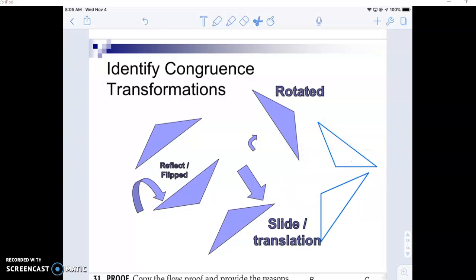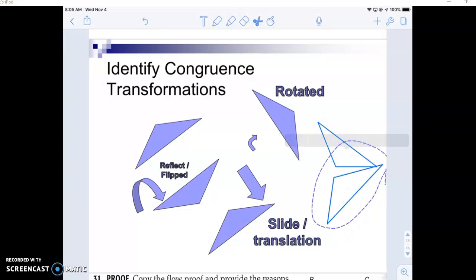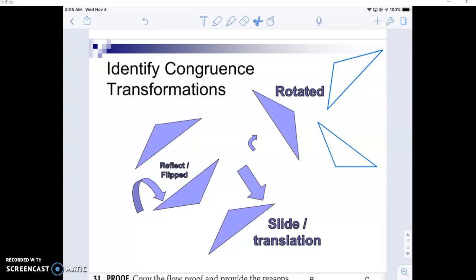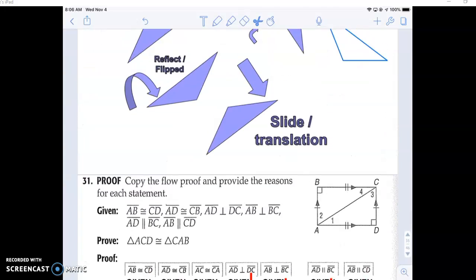If I rotate it, it's still the same triangle. If you rotate it, or flip it, or just slide it, that still means that they're congruent triangles. So if congruent triangles get transformed, remember you can either slide, rotate, or reflect, they are still congruent.